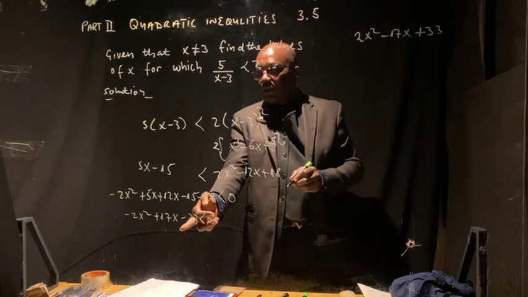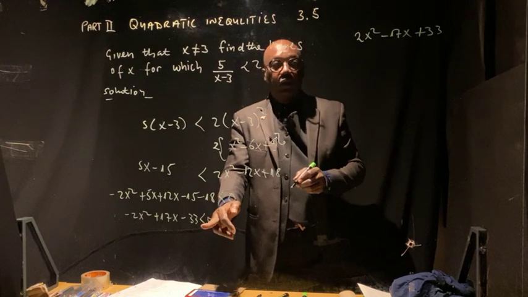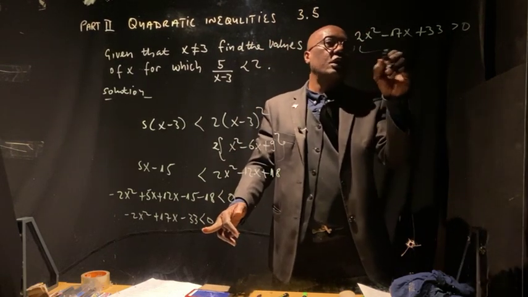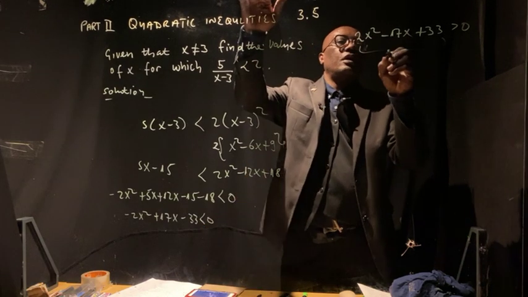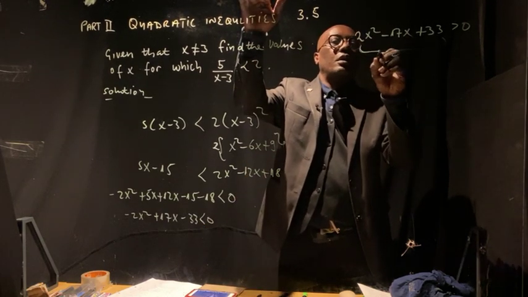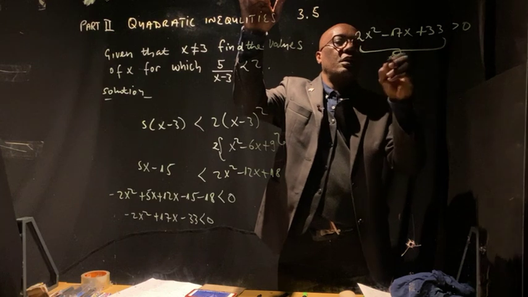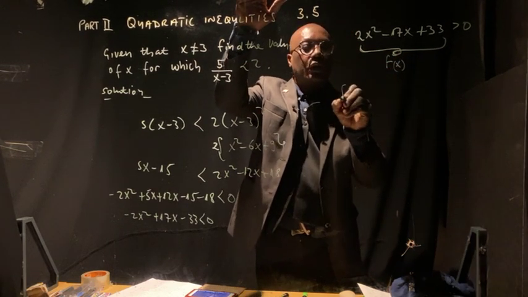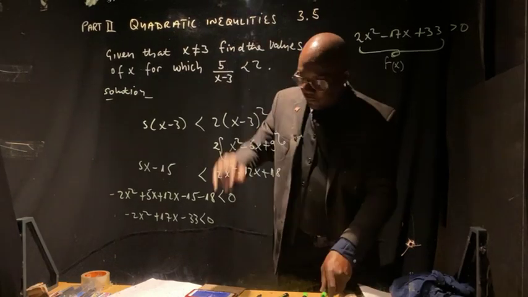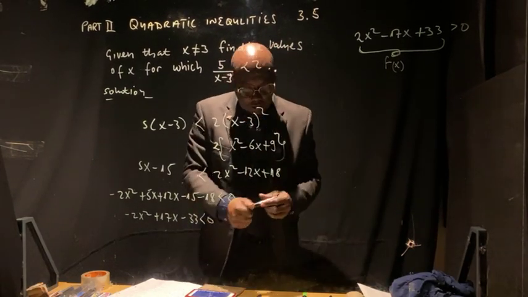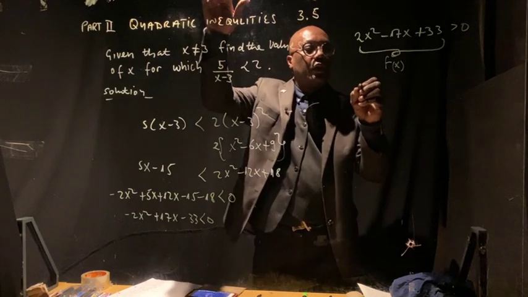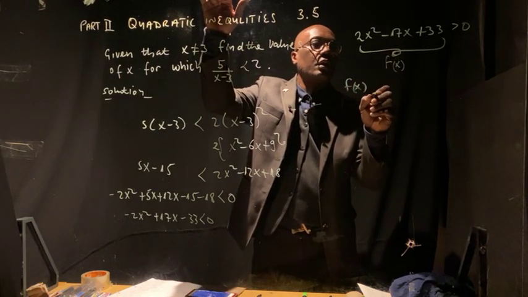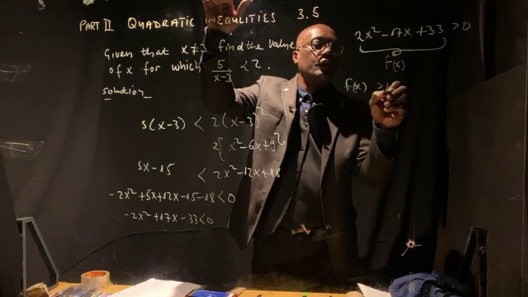And because we have multiplied both sides by negative 1, this sign will change, and it will be this. And assuming this one is f of x, then this will be f of x greater than 0.